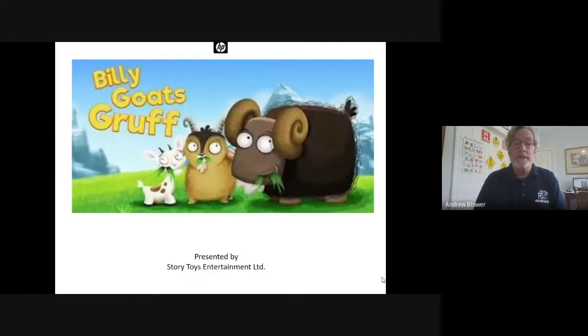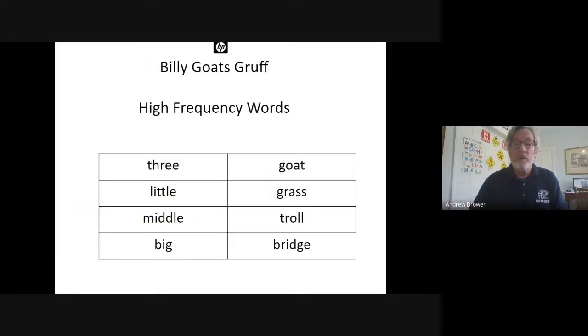Today's story is Billy Goat's Gruff. Some of you may know that story, but it's a good story to talk about those story elements. Before we get started, I'm going to talk about high frequency words. Those are words that you see a lot in the story. And if you can recognize those words and read them along with the story, it'll help you understand what's happening in the story.